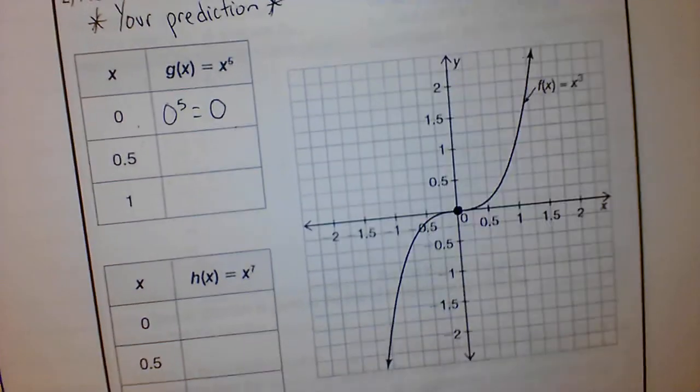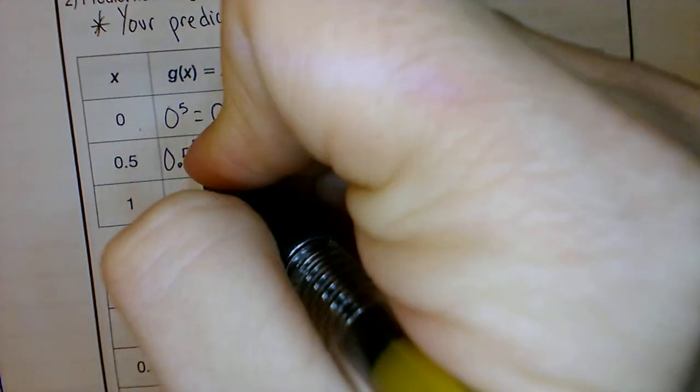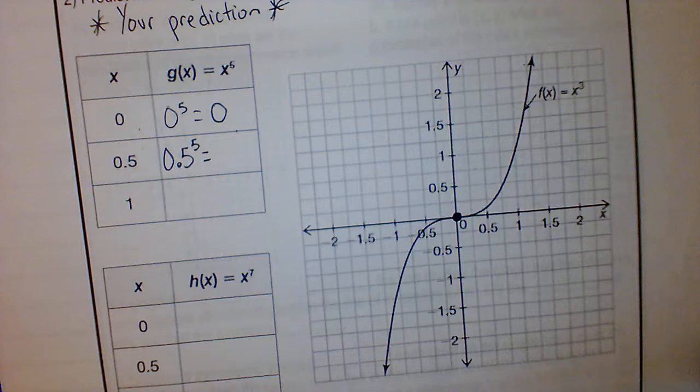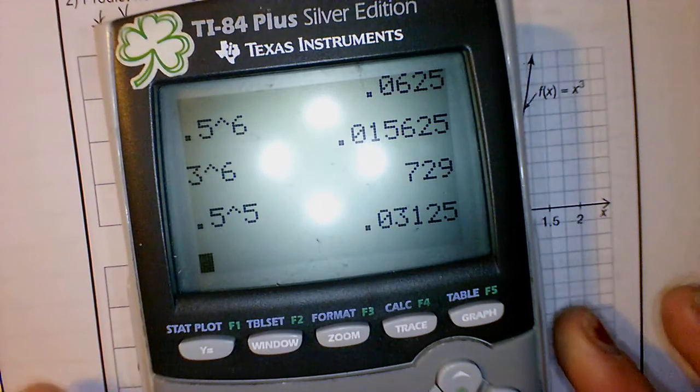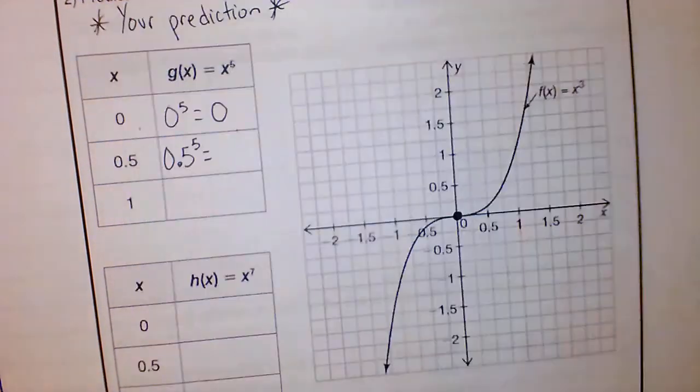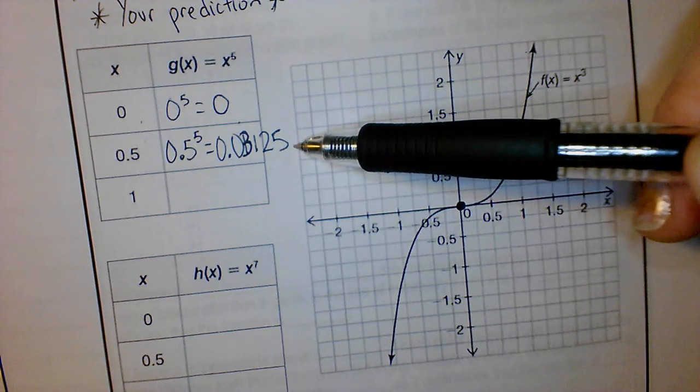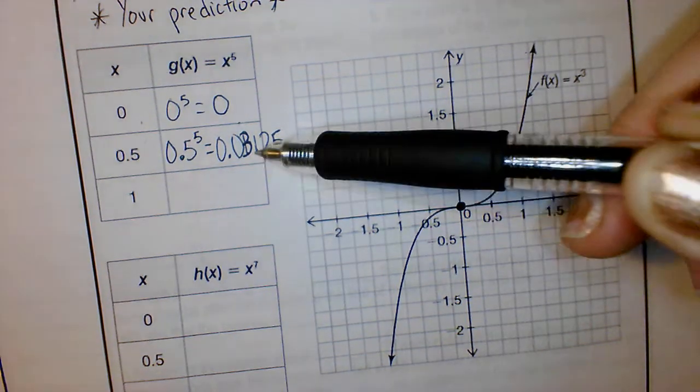Next, if we do 0.5 to the 5th power, well, I don't know what that is, so I've got a calculator. 0.5 to the 5th power is 0.03125. To put that in perspective for us, that's like 3 cents.